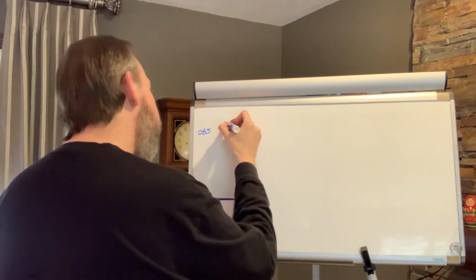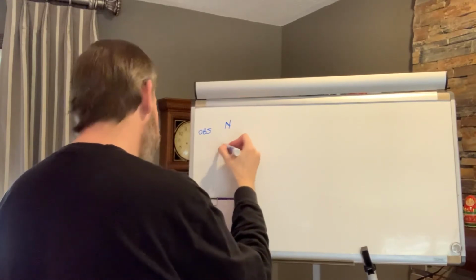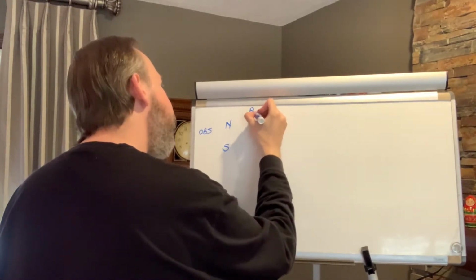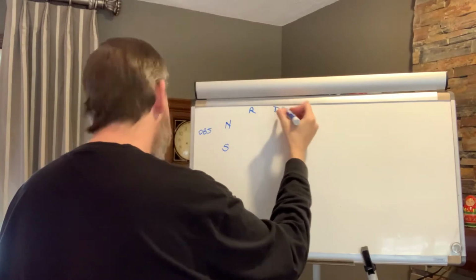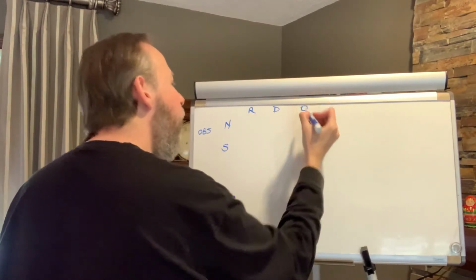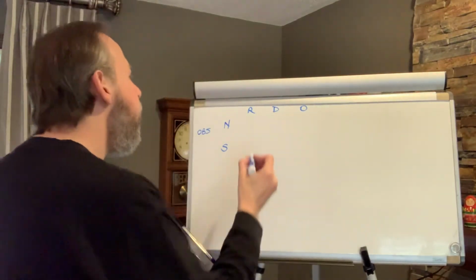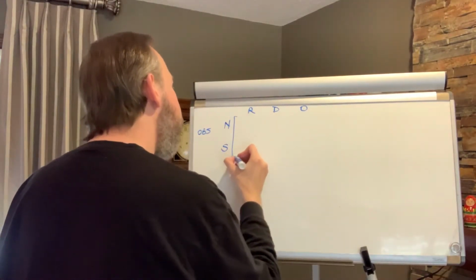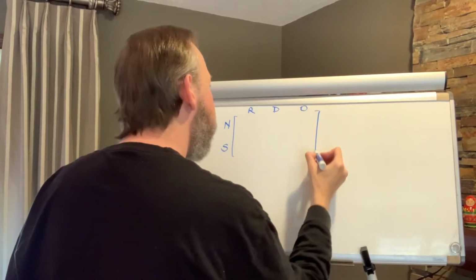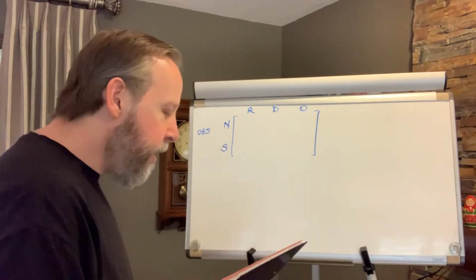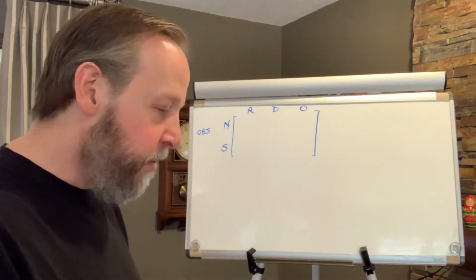We're going to have the North, capital N. We're going to have the South, capital S. We have Republicans, R, Democrats, D, and other. Obviously, there's lots of other political parties one can belong to. I'm going to create the matrix using brackets. And here's how my simple random samples broke down.